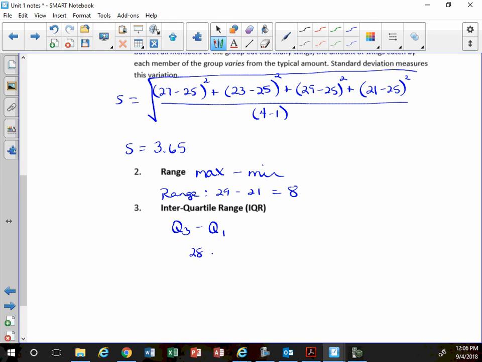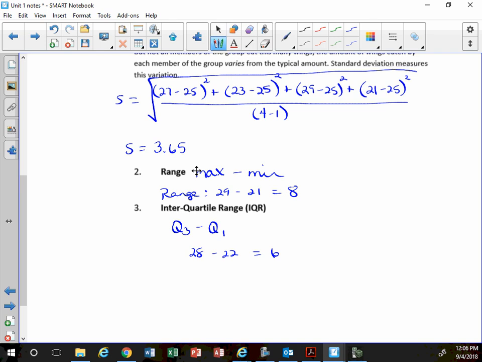Okay, what was our Q1? 22. So we have an interquartile range of 6. The IQR comes into play when we start talking about outliers, how we actually calculate what is an outlier. You can make a rough estimate of, oh, that looks like a pretty extreme value, but there's actually a formula for finding what is considered to be an outlier.